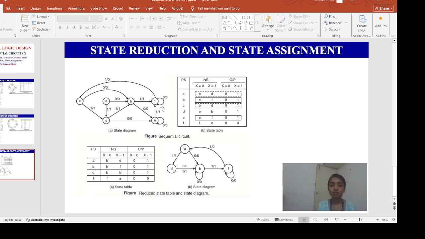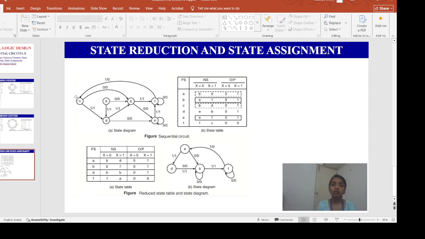This way, if I am at C and I want to go to B, the input is 0 and output 0, so 0, 0. If I am at C and I want to go to D, my input is 1, output 1. That is why 1, 1. Similarly, we have to do it till F. This is how we need to draw the state diagram.